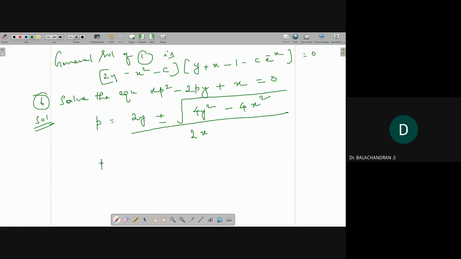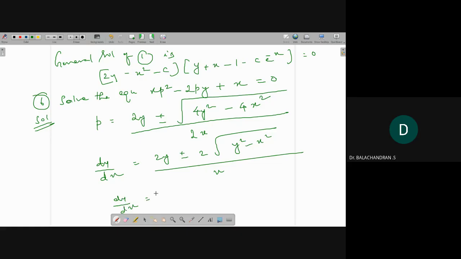So p, which is dy by dx, is equal to 2y plus or minus, taking 2 common, root of y square minus x square, by x. Or dy by dx equals, you can cancel 2, y plus or minus root of y square minus x square by x.